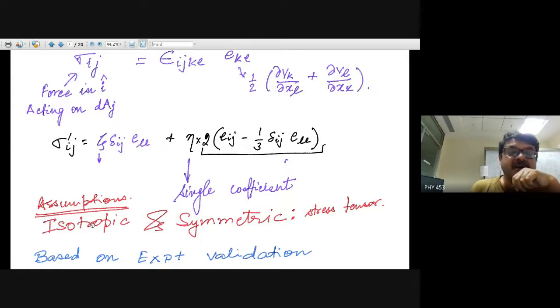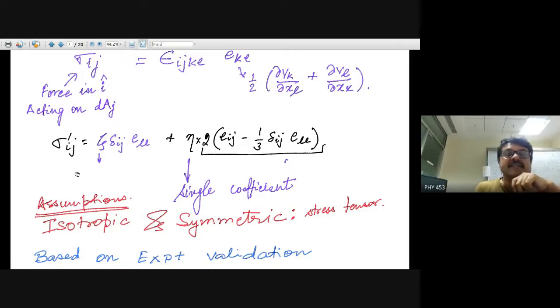Now, if one has a fluid which is isotropic and symmetric, you can use some very simple tensor algebra, on which I don't want to focus because I want to focus on the physical idea. What I want to highlight is that these assumptions come from experimental validation and not from mathematics.